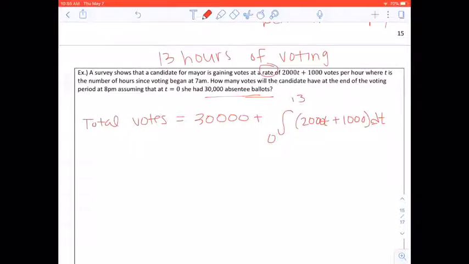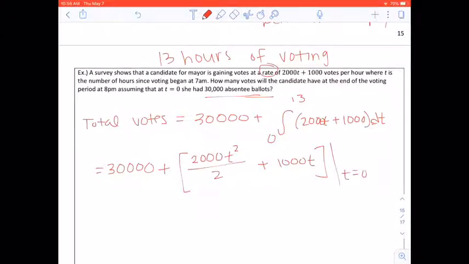So there's 13 hours there, not just 1 hour if you went from 7 to 8. So working this out, we have our 30,000, that's just a constant that stays there. That has nothing to do with the integral. And then we have our integral, which is going to be the 2,000 times t squared over 2 plus 1,000 t, evaluated from t equals 0 to 13.